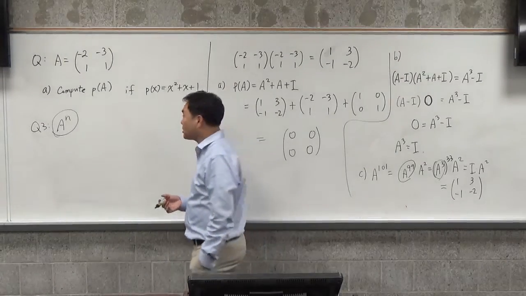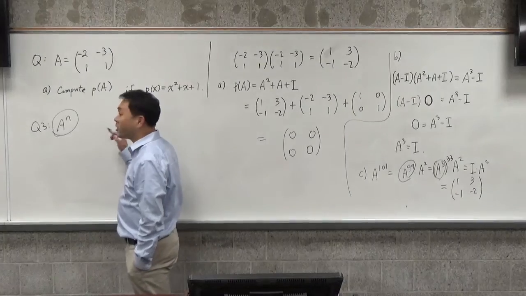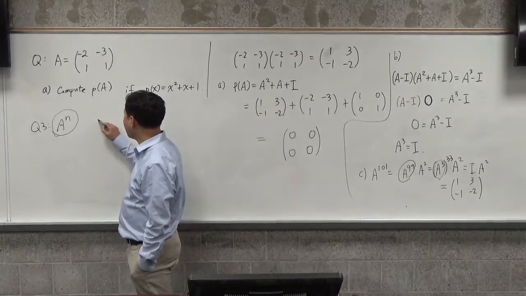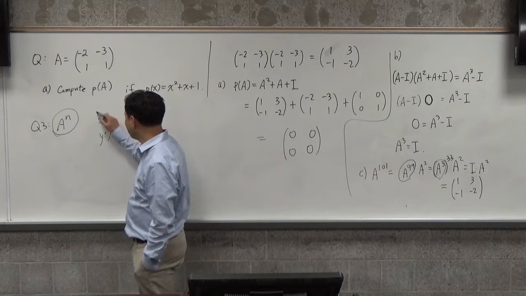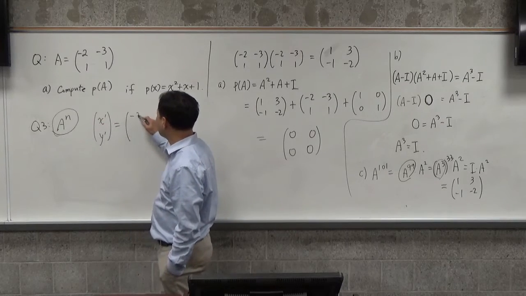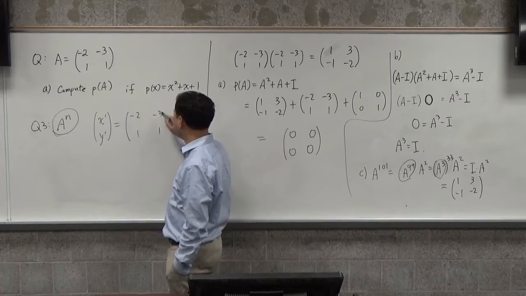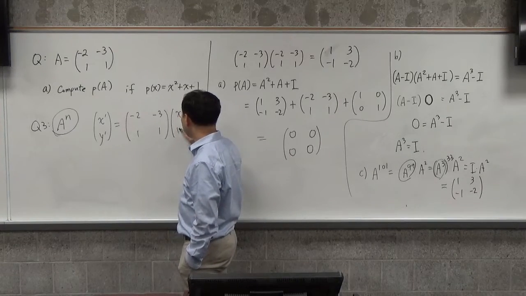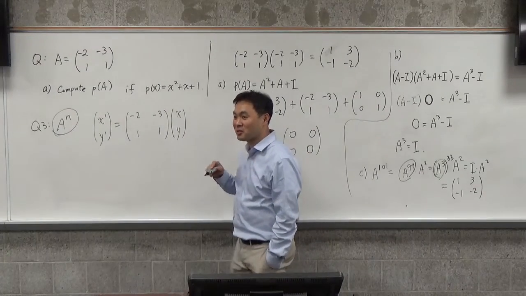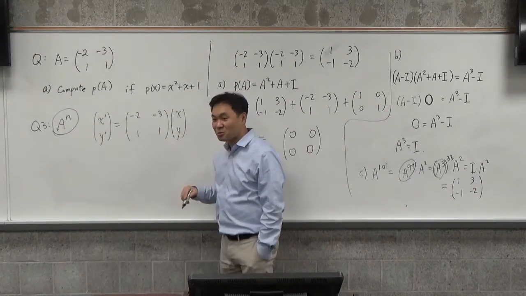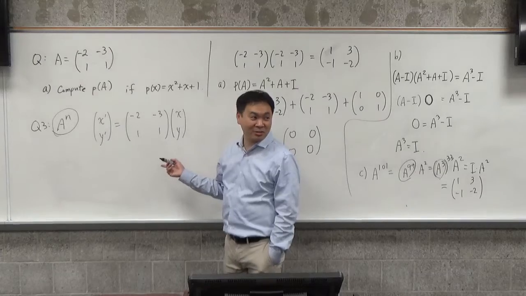One such idea is if you had an equation like x prime, y prime equals -2, -3, 1, 1, times x, y. What's that? That's a system of differential equations, right? Some of you remember, some of you may not have taken differential equations.